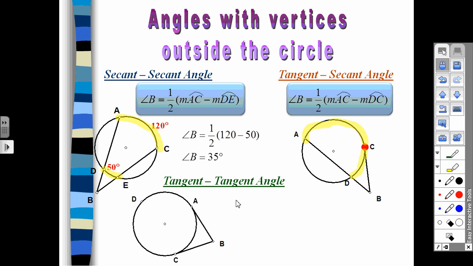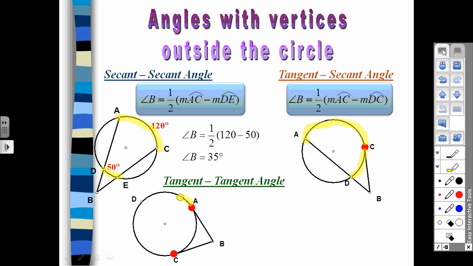Okay, so now when we go down here to the tangent angle, once again, it's going to follow the exact same formula, 1/2 larger arc minus smaller arc. Only this time, you have to look at this point of tangency and that point of tangency to get your 2 arcs.